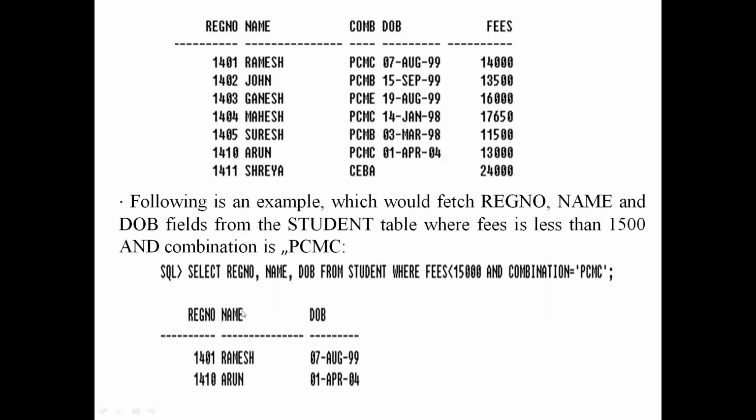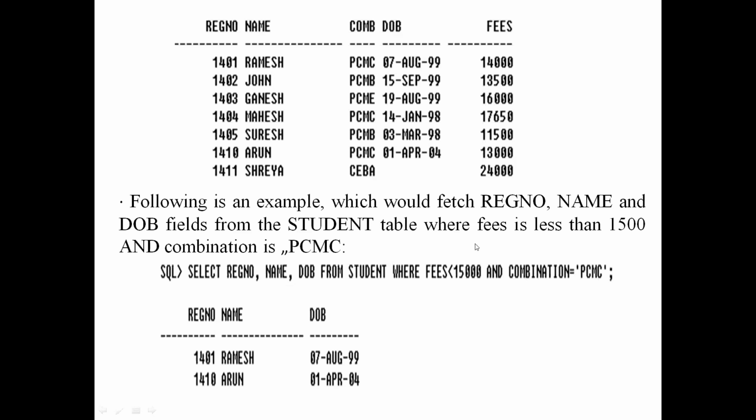The statement is: at the SQL prompt, SELECT roll number, name, date of birth FROM student WHERE fees less than 15,000 AND combination equal to PCMC, ending with a semicolon.